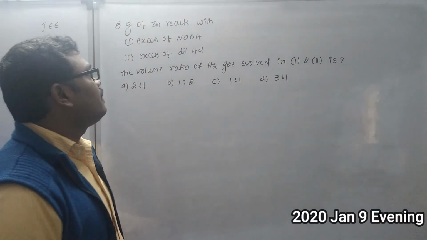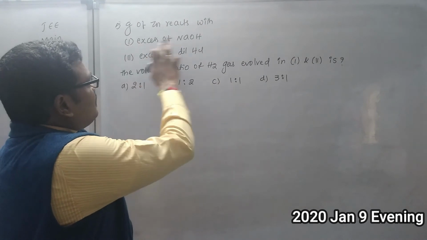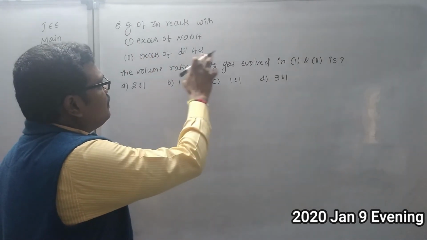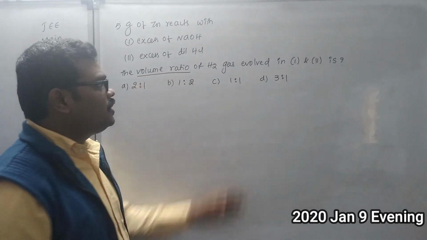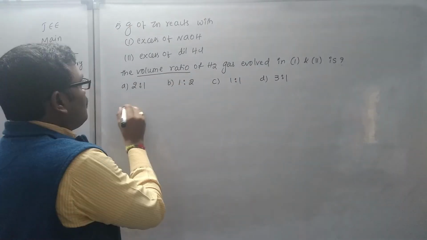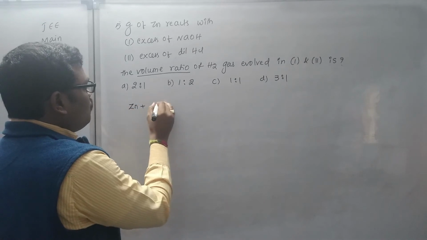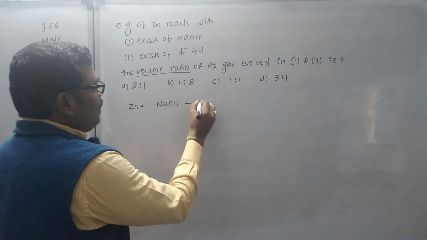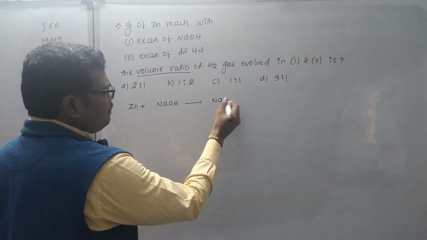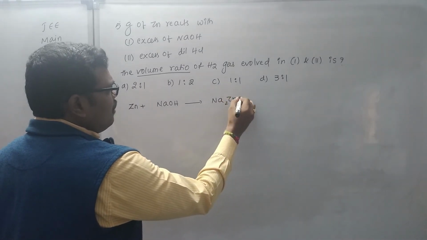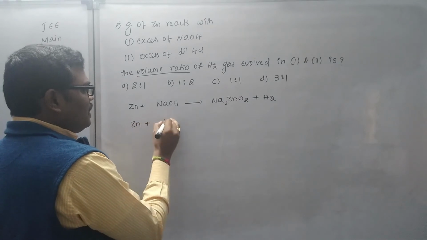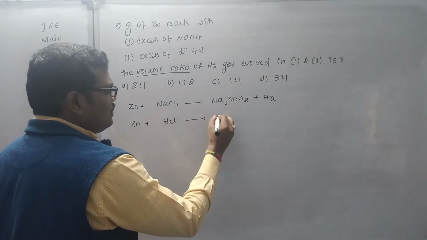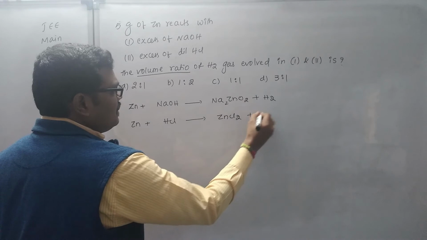5 grams of zinc reacts with first excess of NaOH, second excess of dilute HCl. We required the volume ratio of H2 gas evolved in 1 and 2. First, when zinc reacts with sodium hydroxide, it gives sodium zincate, Na2ZnO2, plus H2. When zinc reacts with HCl, it gives ZnCl2 plus H2.